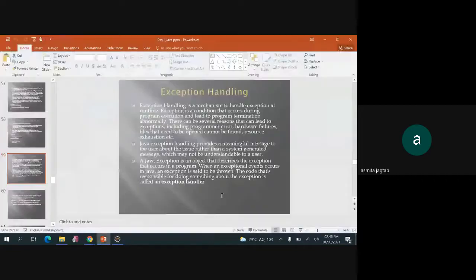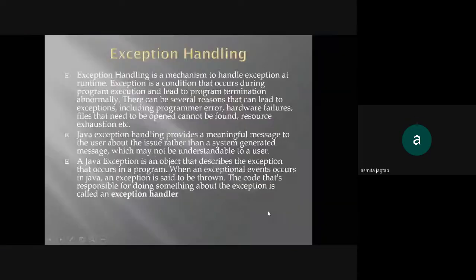There can be several reasons that lead to exceptions, including programmer errors and hardware failures. We can't do anything about hardware failure, but for programmer errors we can handle those exceptions.